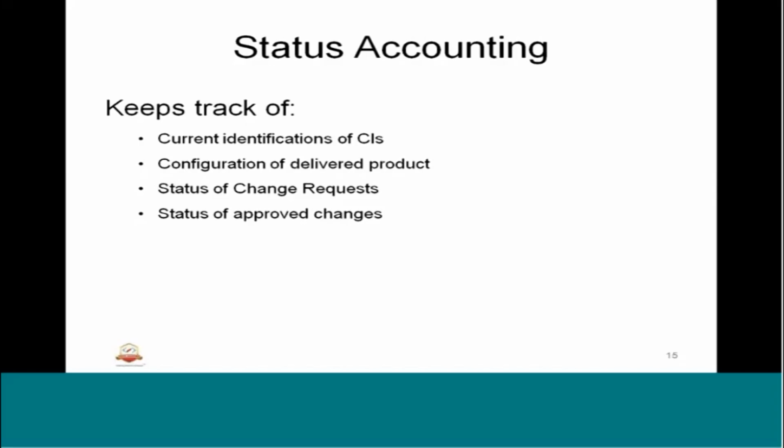Next is the status accounting. What we do with the status accounting is keep track of the current identification of CIs, configuration of the delivered product, status of change requests, and status of approved changes. All this will be reported in a report format. That's what we do with the status accounting. Basically, there is a frequency like bi-weekly, weekly or monthly, depending on the project nature, size and other aspects.